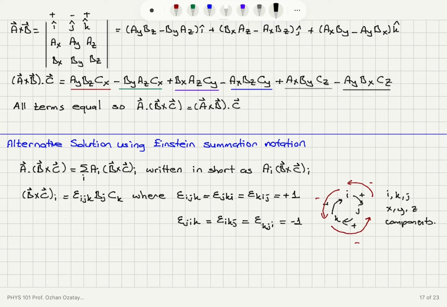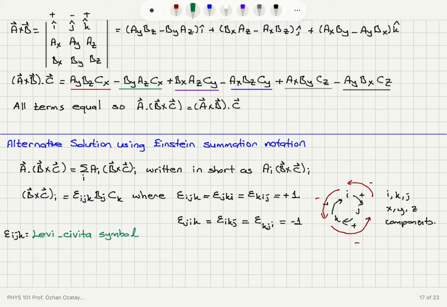This epsilon ijk is called Levi-Civita symbol. Okay, using this symbol, we can write this determinant. Instead of evaluating this determinant, we can write the ith component of the cross product as epsilon ijk bj ck.